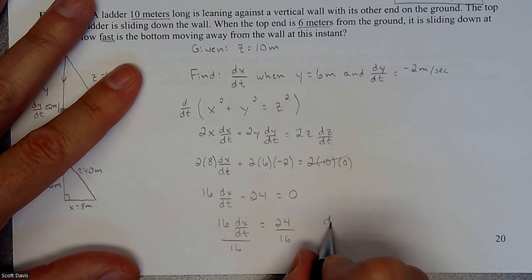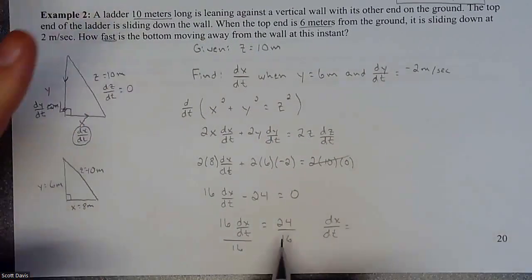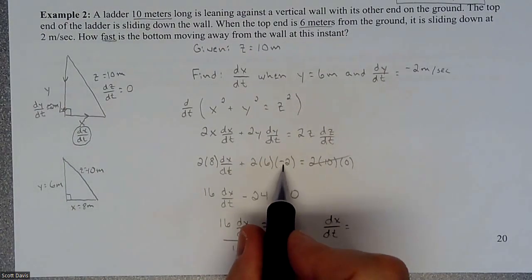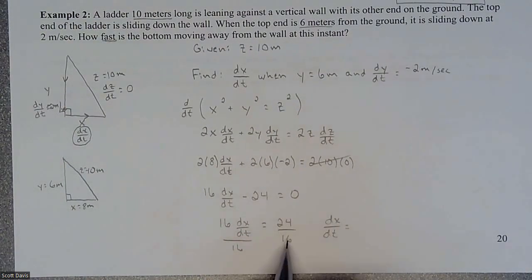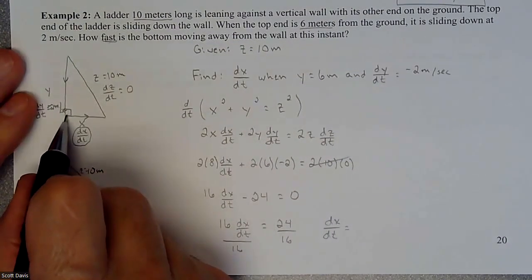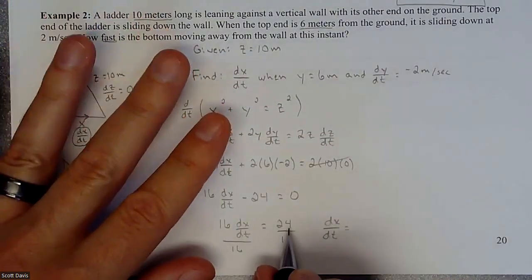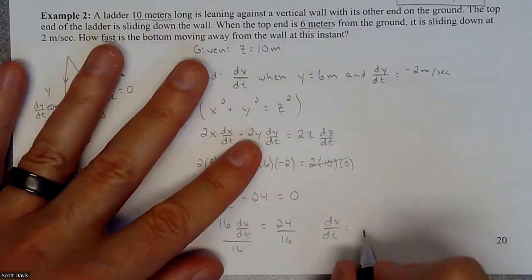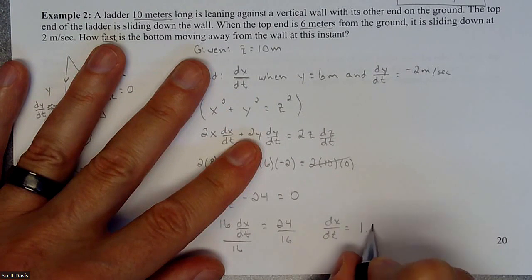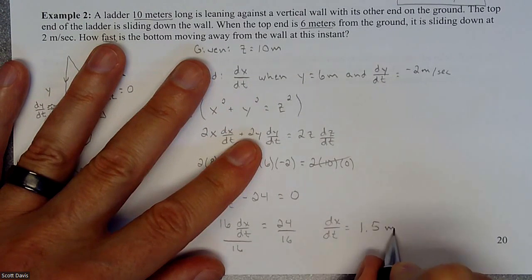And that gives us a horizontal rate. And notice how that negative was getting smaller. So when I bump it over, I get a positive rate, as I should, because that distance is increasing, right? So we should have a positive rate of 24 divided by 16. If I throw that in the calculator, I'm going to get 1.5, and it's meters per second.